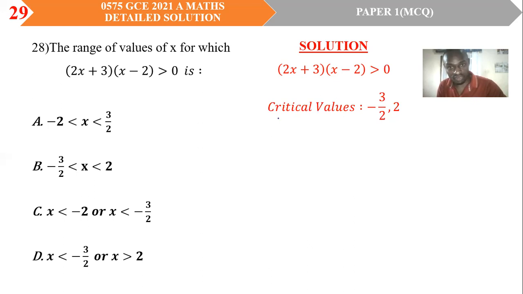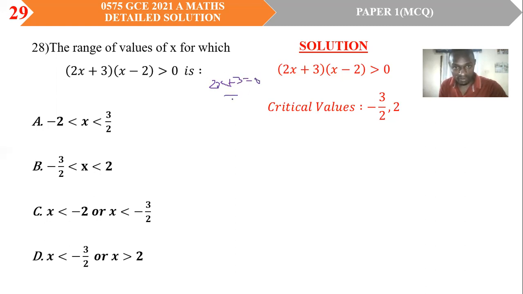And those roots in this case will not be the solution to an inequality, but they will just be the critical values. They are called the critical values because they provide the boundaries within which each range of values of x can lie. Now, to get negative 3 over 2, we simply apply the principle of factorization and take this factor 2x plus 3 equal to 0.